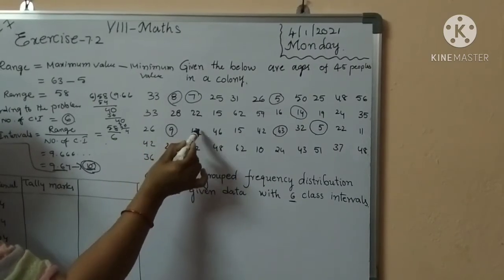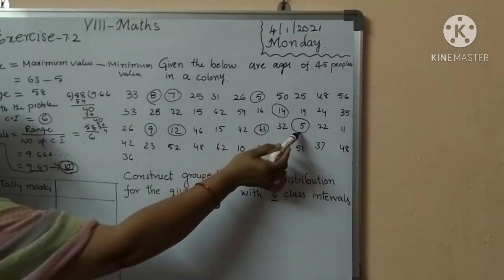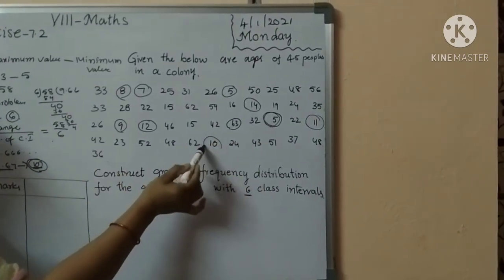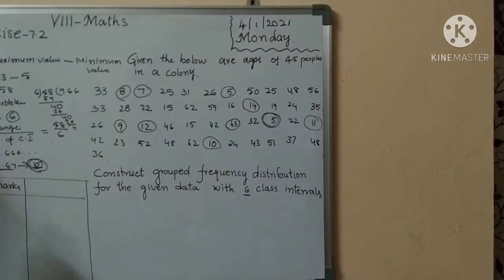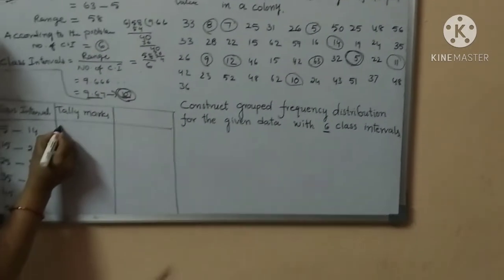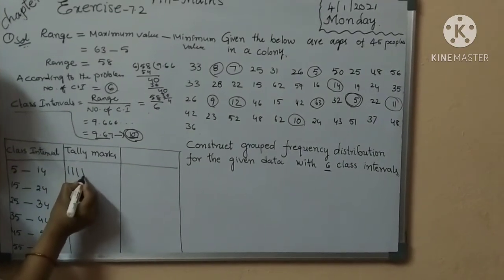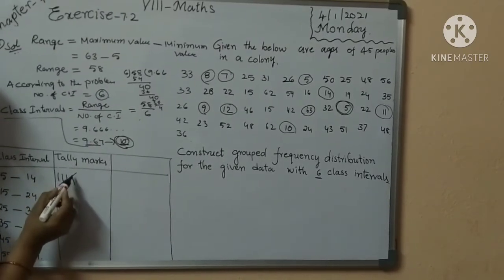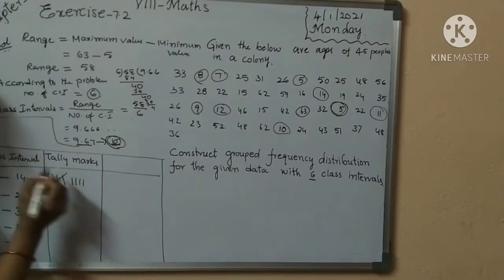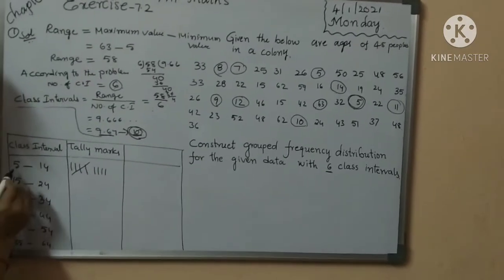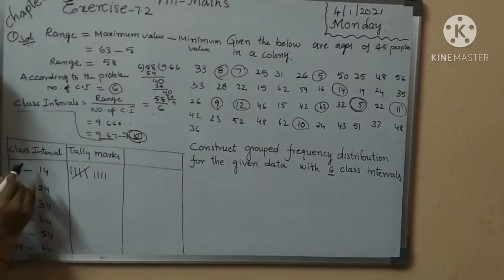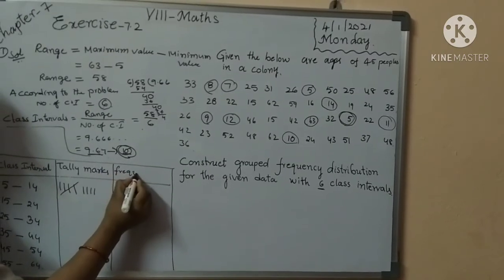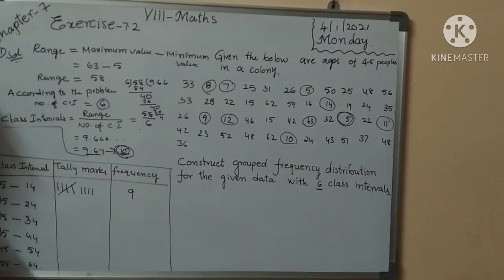And here 5, 6, 7, 8, 9. Okay, 5 to 14. So draw the tally marks 1, 2, 3, 4, and draw the cross line as the fifth line. 1, 2, 3, 4, 5, 6, 7, 8, 9. 9 lines are there. So in ages 5 to 14 there are 9 people. It is called the frequency.